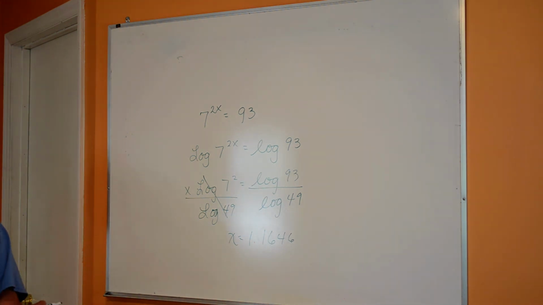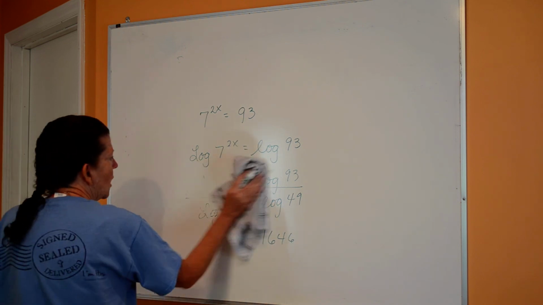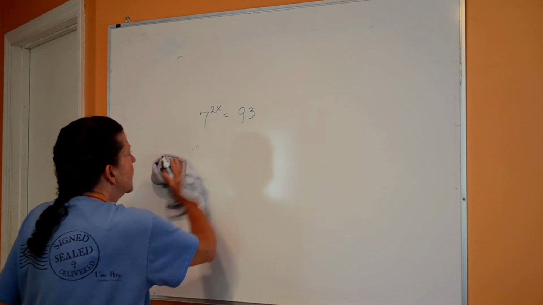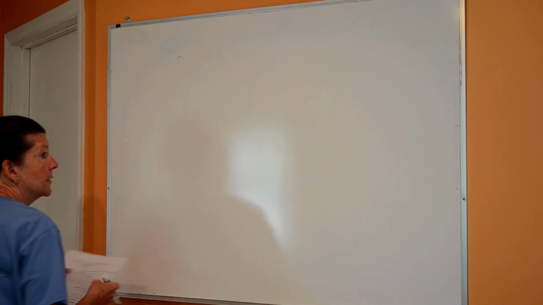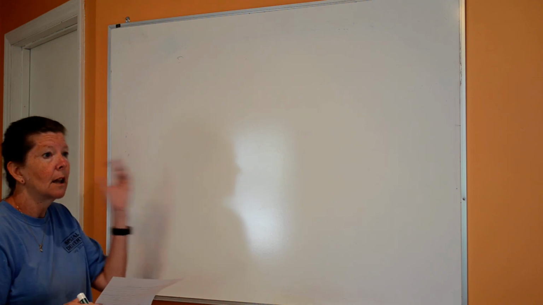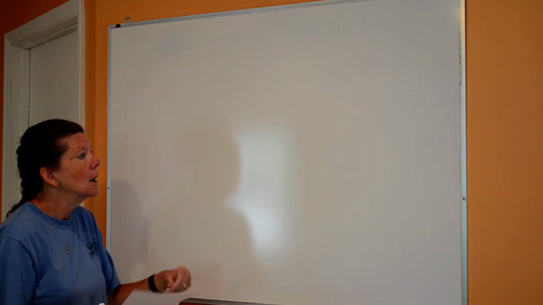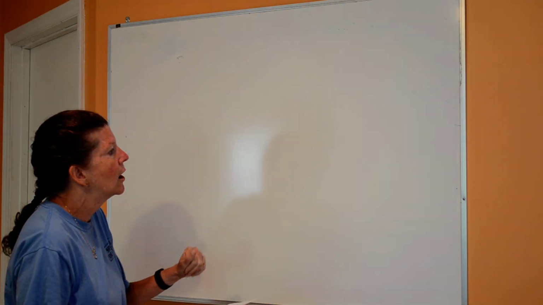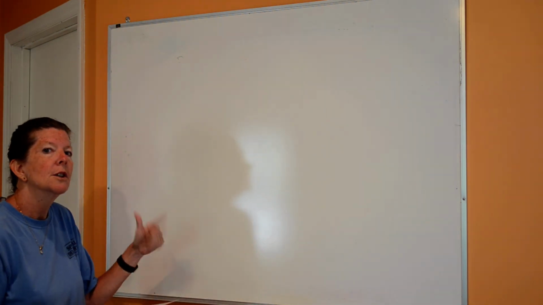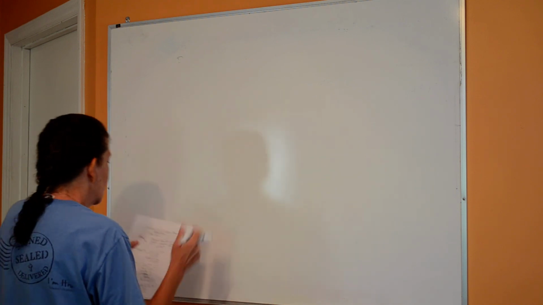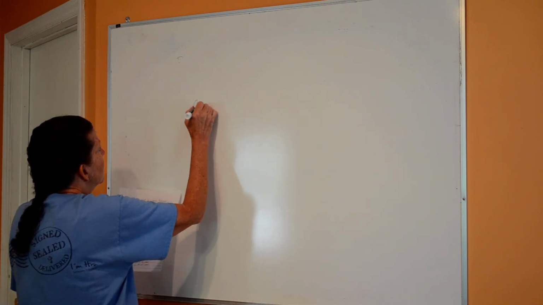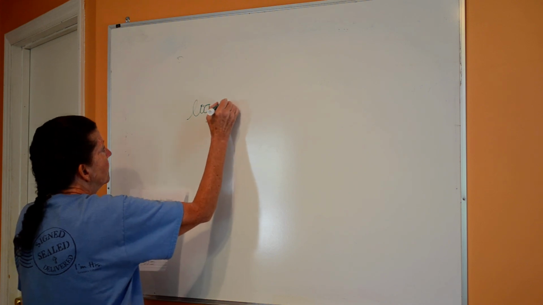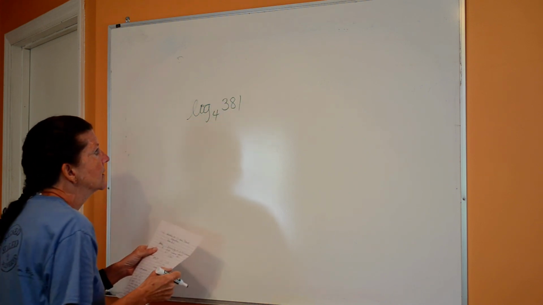The next section was natural logs. Remember, the natural log is the base of e, and it's the LN button on your calculator. On occasion you have to use the anti-log or the anti-common log. So remember, you can use second log to get the anti-common log and second LN to get the anti-natural log. Now, sometimes they'll give you this and they'll say convert to natural log and solve.